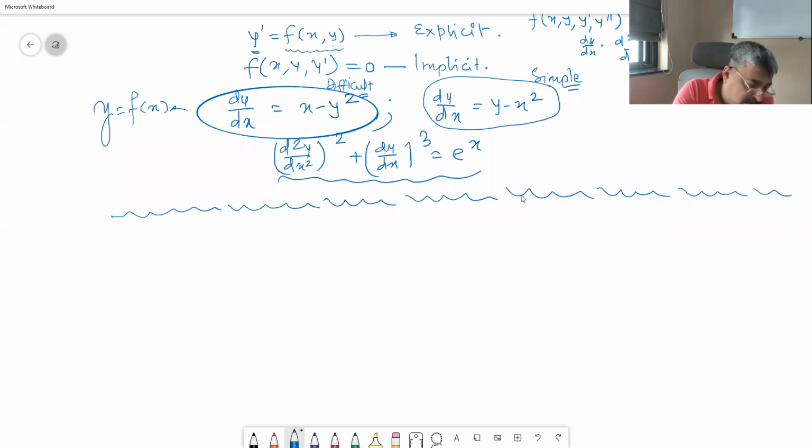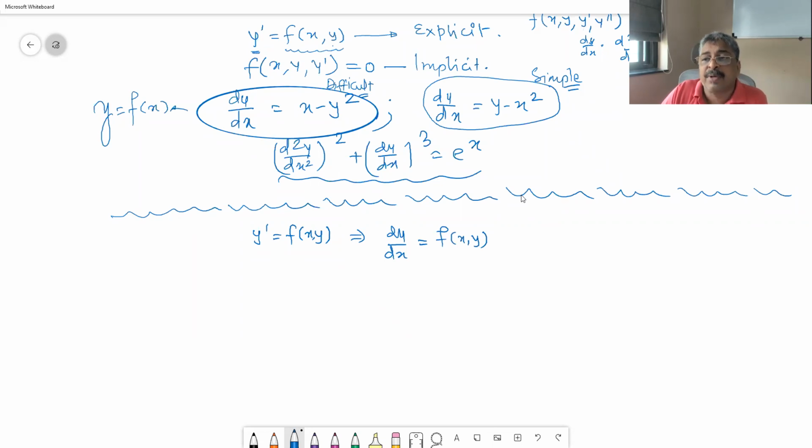Therefore, the first equation that I would like to take is going to be of first order. So it is going to look like y dash is equal to f of x comma y, which is something like dy by dx is equal to f of x comma y.